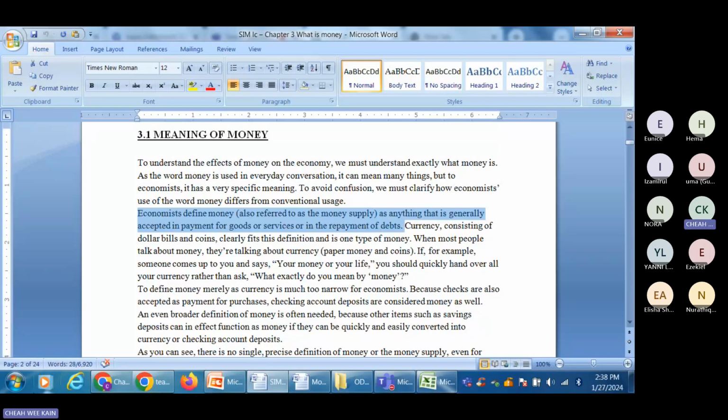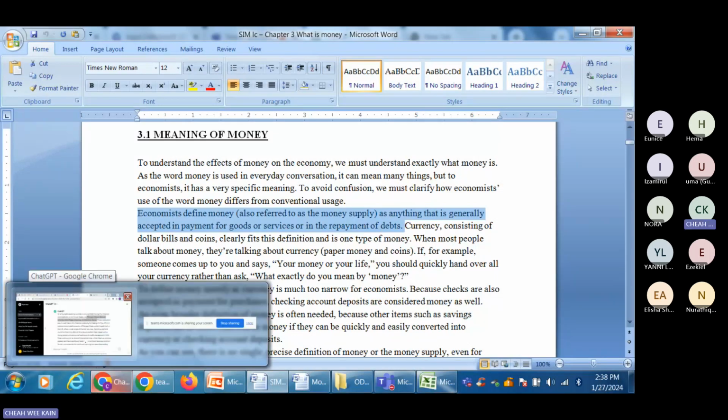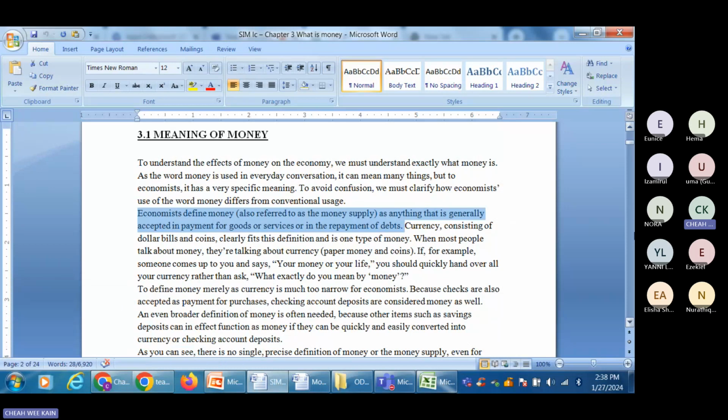So money means you can use it to buy things, you can use it to pay debt. So it is a medium of exchange. And then it has a unit of value, because the paper currency has numbers 1, 2, 5 up to all the numbers. So it's a unit of account.